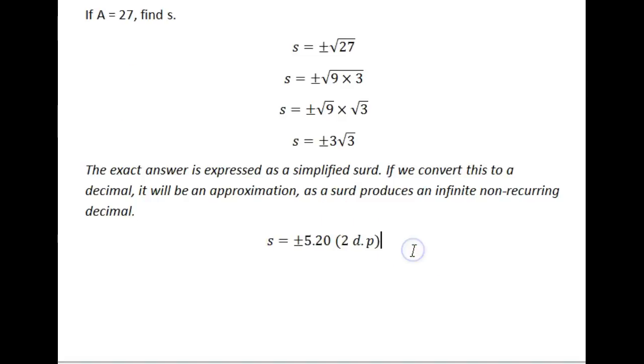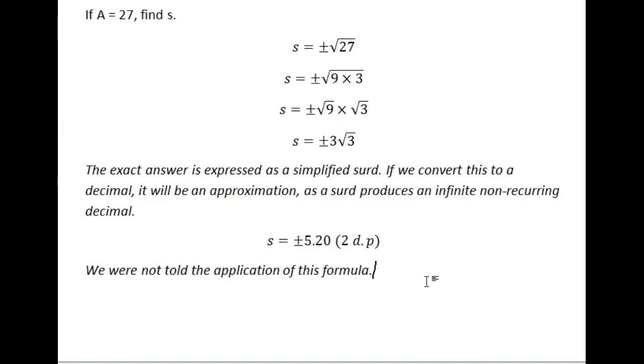So putting it into our calculator and rounding it off to 2 decimal places, which is what this means, the answer for s is positive or negative 5.20. Remember, that's 2 answers for s. A positive 5.20 and a negative 5.20. This is known as a rational approximation because we've rounded it off, and 5.20 can be written as a fraction.